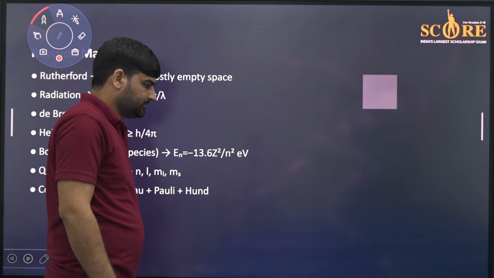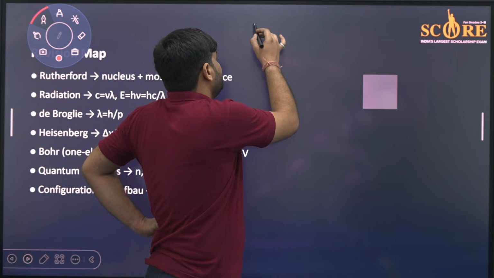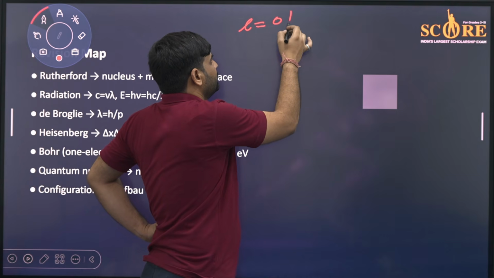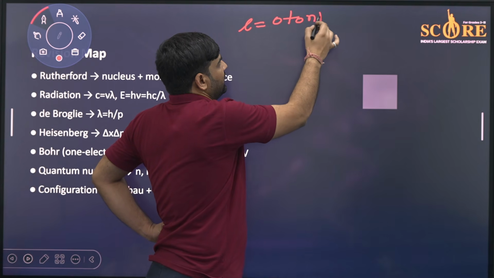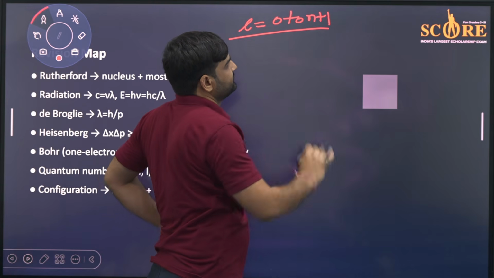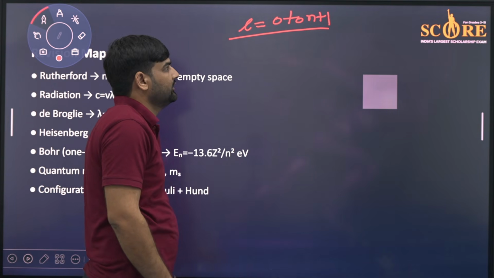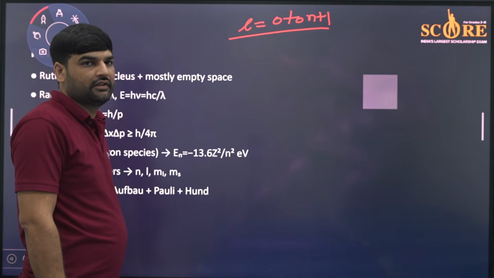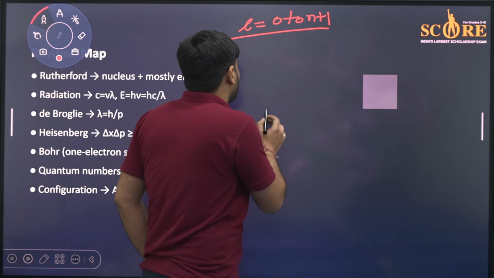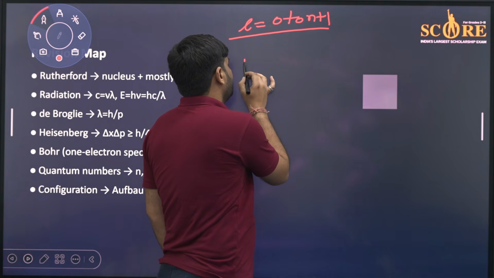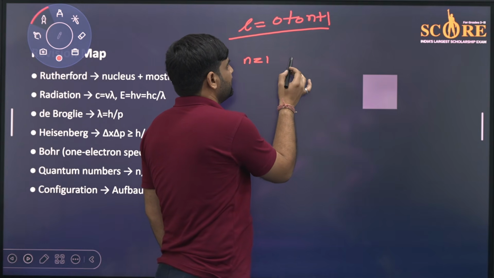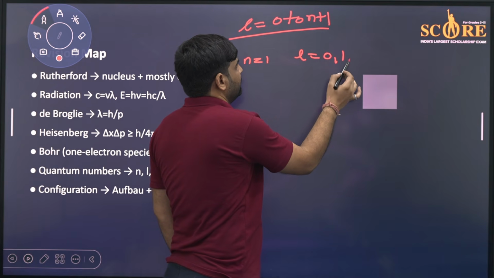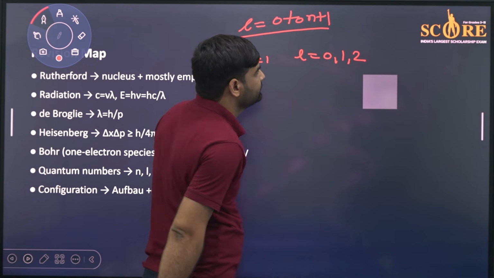Next question: if I change L to range from 0 to n plus 1 and nothing else changes, only this change is made, we have to assume L goes from 0 to n plus 1. So if n is 1, then L will be 0, 1, 2.